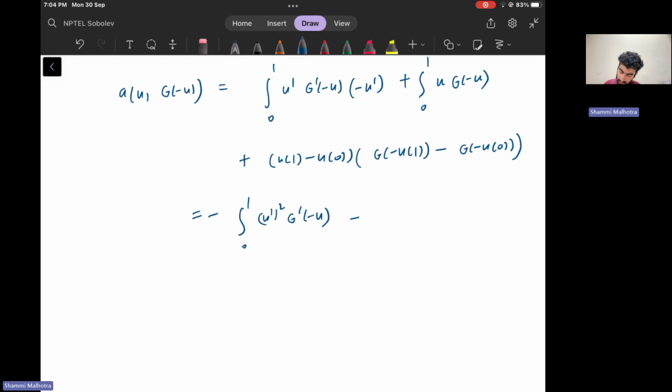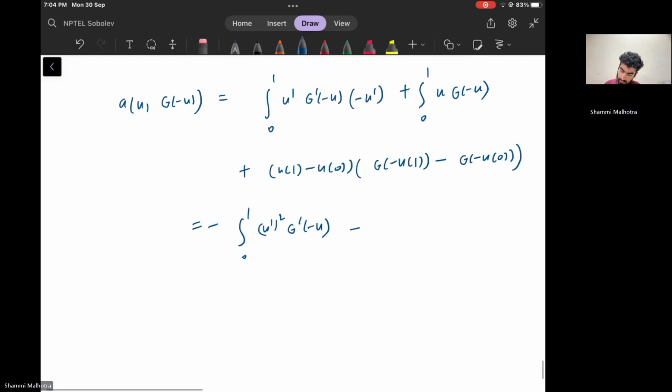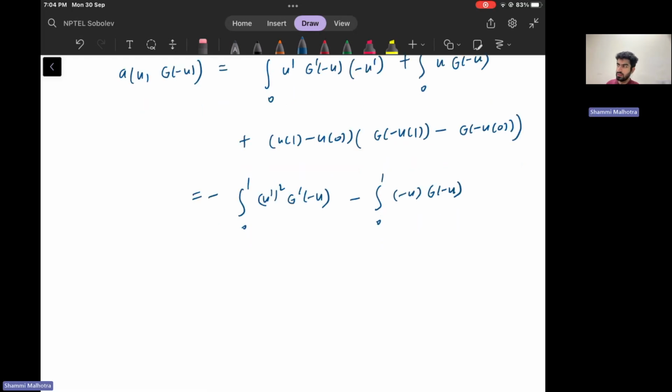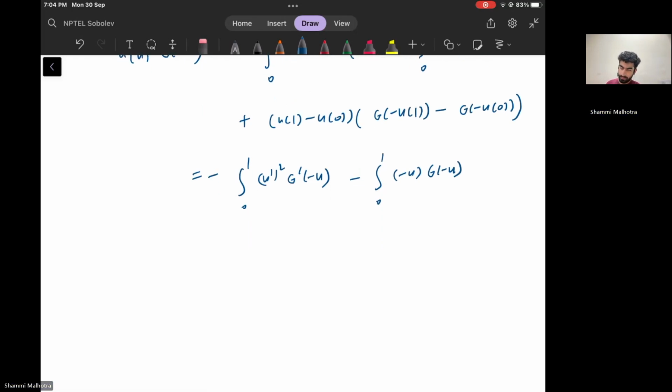Then we have, I can write this as minus integration 0 to 1 of minus u times G of minus u, I know that t times G(t) is again non-negative, so we will lose this thing. And this is nothing but the boundary term, u(1) minus u(0), times G of minus u(1) minus G of minus u(0).